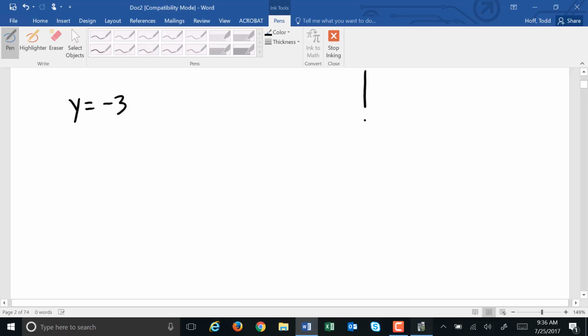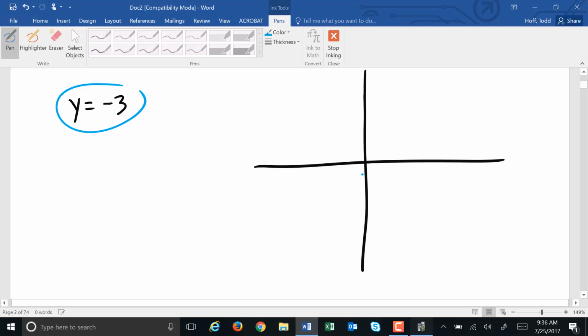How do I graph that? Down 3 in the center. Down 3, okay. Draw a flat line. This is a horizontal line. Y equals a constant is a horizontal line.